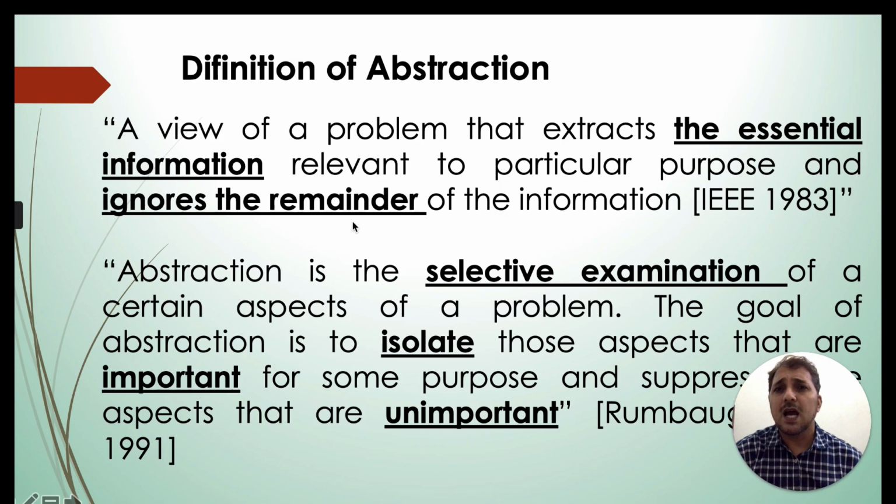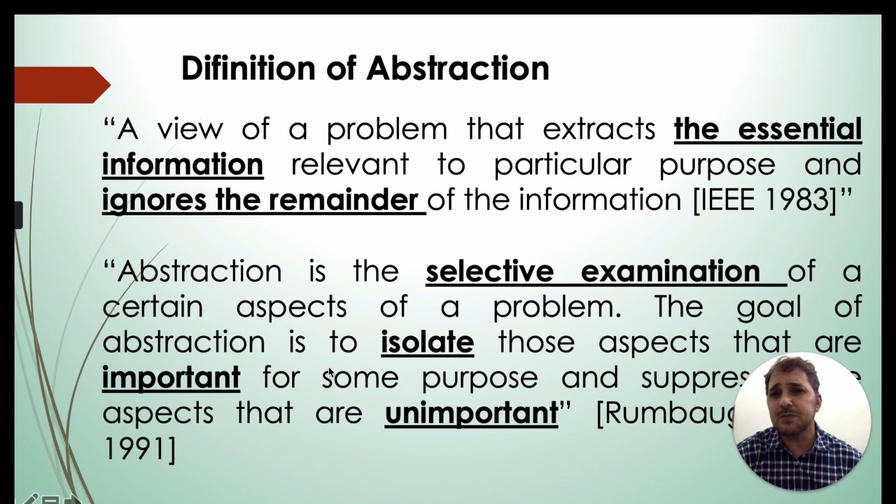These are the two definitions of abstraction. For example, a view of a problem that extracts the essential information relevant to a particular purpose and ignores the remaining information. So you just pick up relevant information and ignore the other details. The second definition: abstraction is the selective examination of certain aspects of a problem.